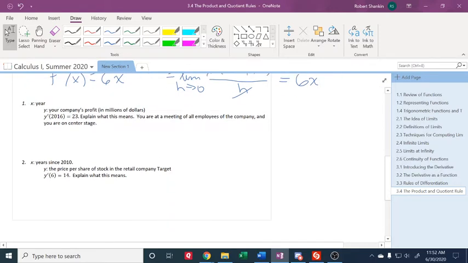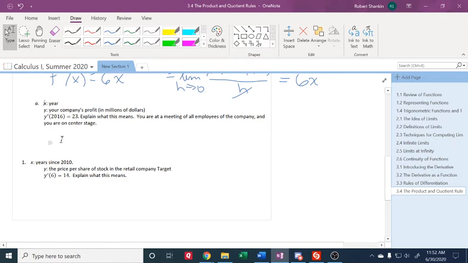Next. Now this part is a little more involved, and so I'm going to have you work with your groups on this one. X is the year, and Y is your company's profit in millions of dollars.